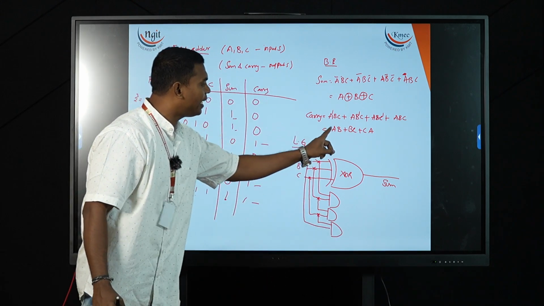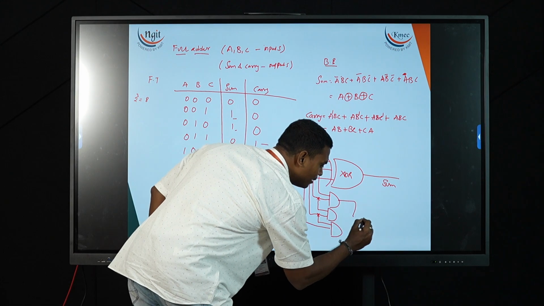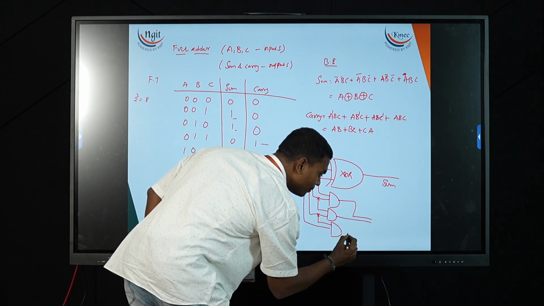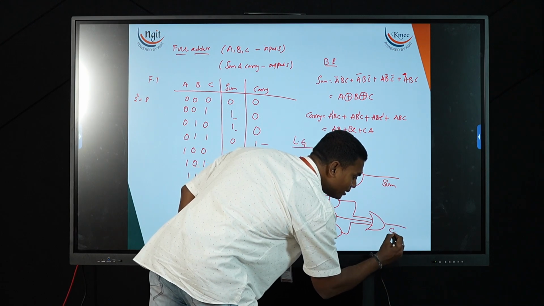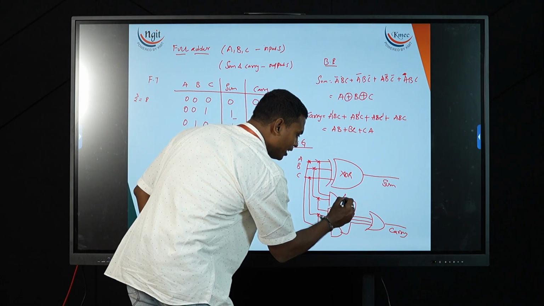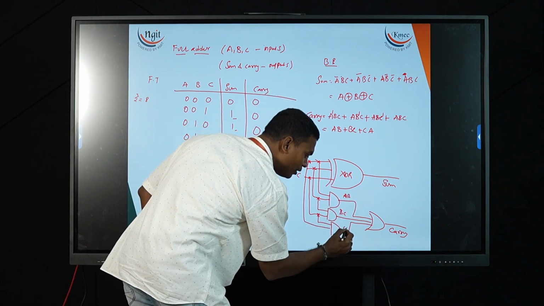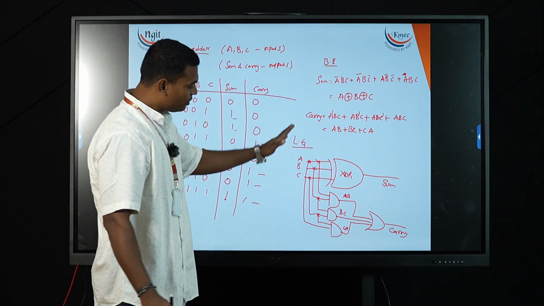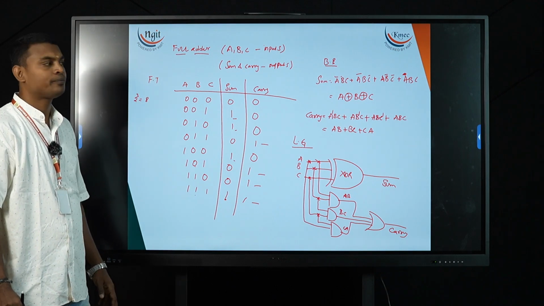So I have got 3 AND gates. Now let us add them with an OR gate, producing the output as carry. This gives me AB, this gives me BC, this gives me CA. So this is how the logic diagram looks for a full adder.